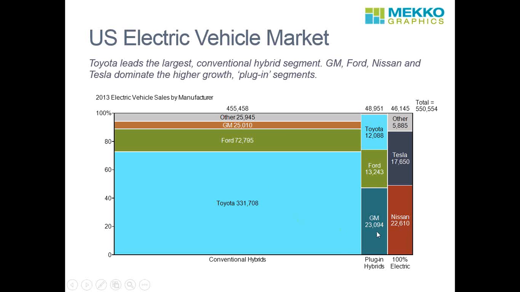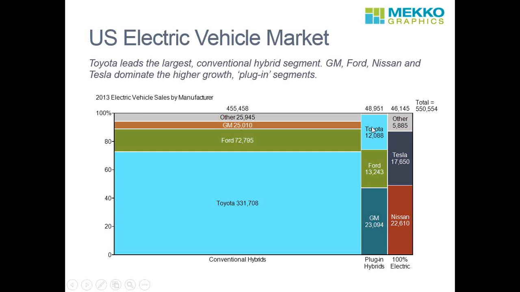You can also see quickly that there are only 3 big competitors in the conventional hybrid segment, so the segment is relatively consolidated. They control 90+% of the market, and the competitors in the conventional hybrid segment are very different than the competitors in the plug-in hybrids and the 100% electric segment.